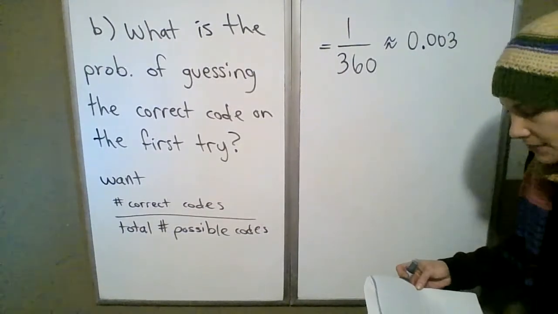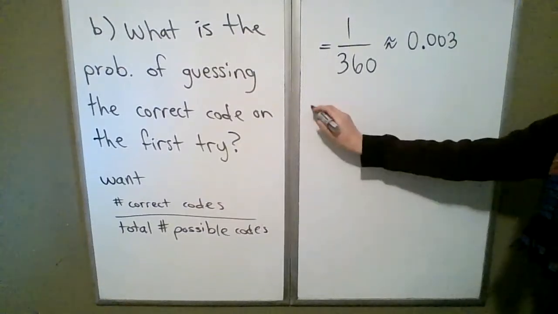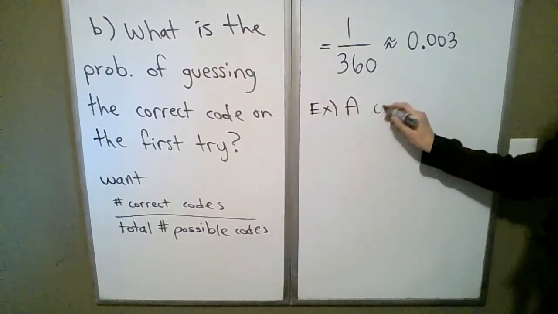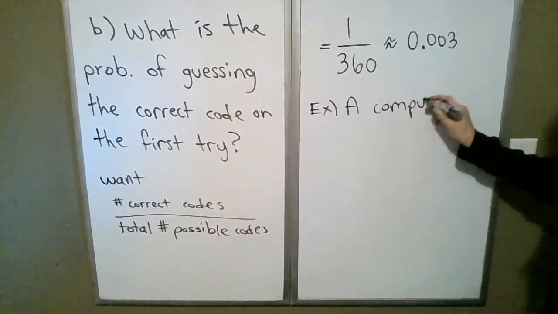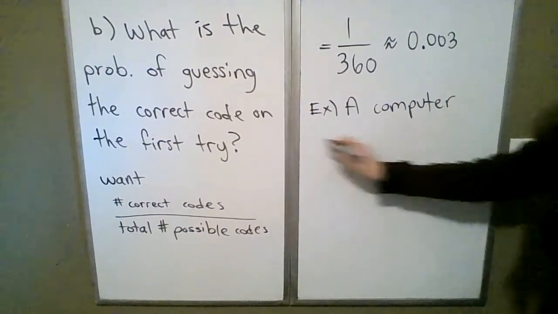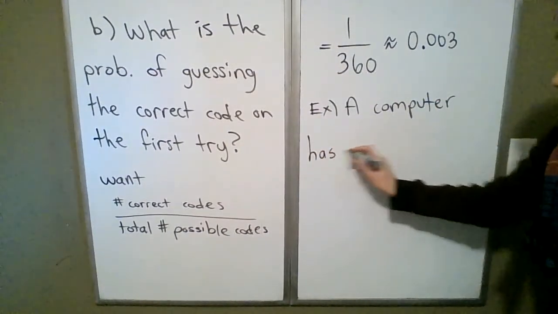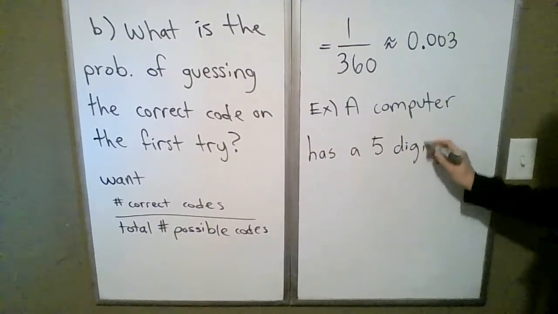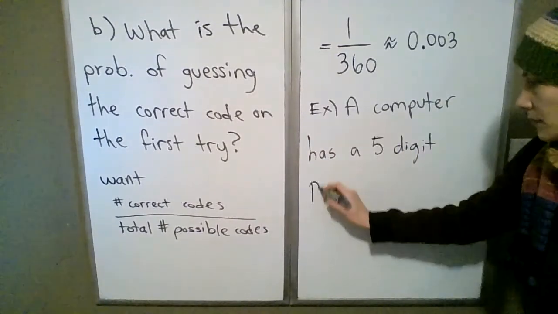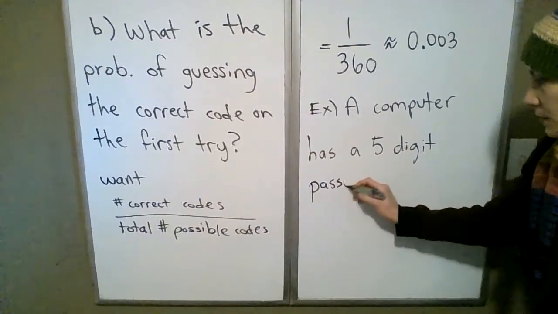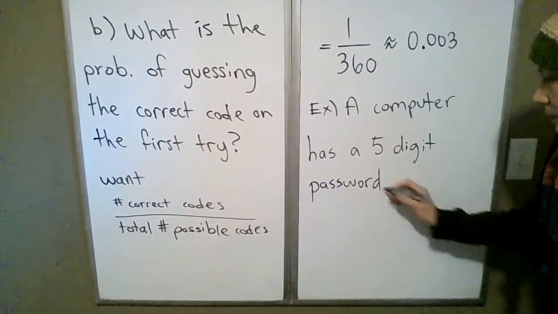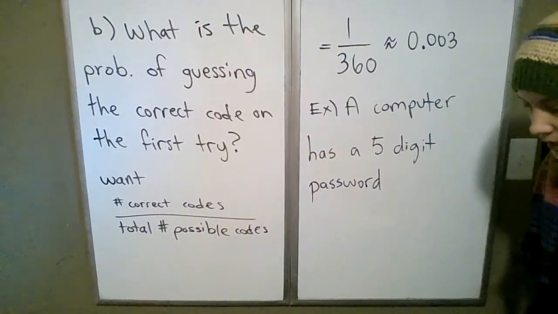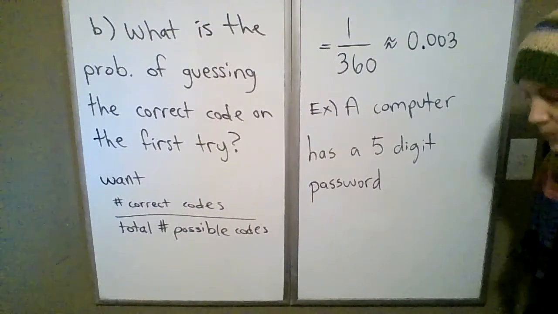A computer has a 5-digit password. The digits are 0 through 9, and digits can be repeated.